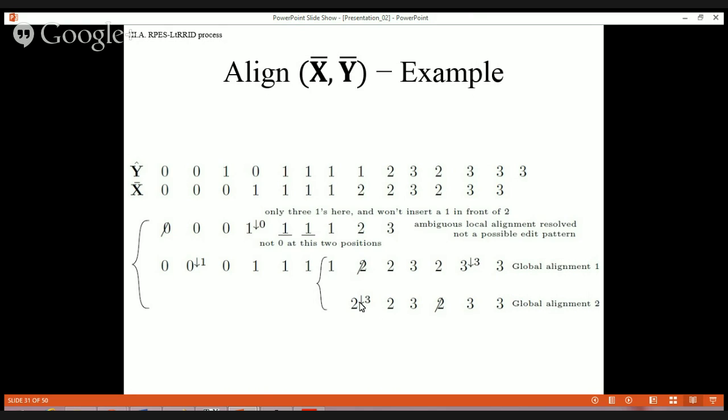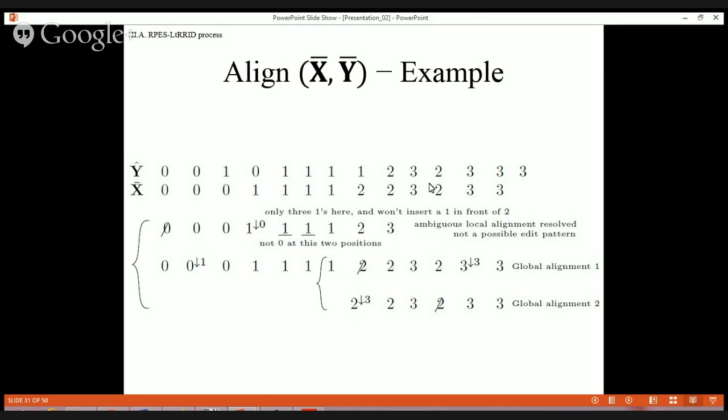And the other way to align, starting from this 2, is shown by an insertion of a 3 after the first 2. So it breaks this X run 2, 2 into 2, 3, 2. And the next run to match in X is this 3, a length 1 run. In Y now it's this length 3 run. So L1 is 1, L is 3.